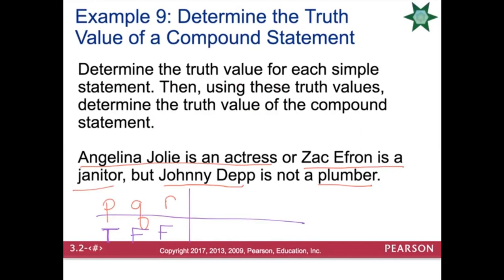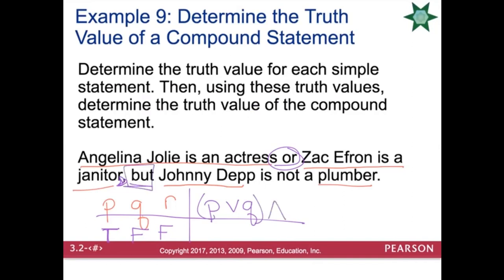So we have Angelina is an actress, or Zac Efron is a janitor. Notice the comma. You should put that in a set of parentheses. But is another word for and.